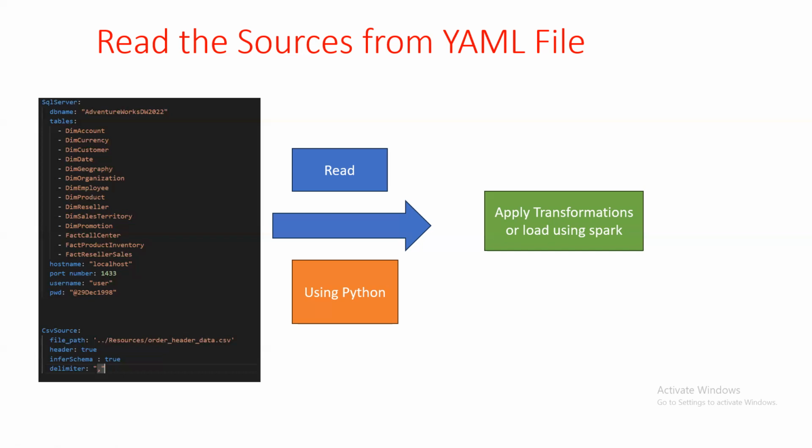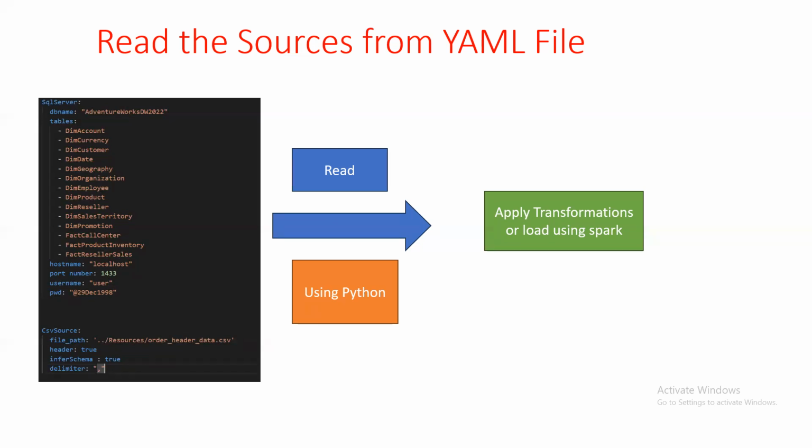Now we need to read that YAML file using Python, get the table names and file paths, take those and read them as data frames in Spark. This is what we are going to perform now.